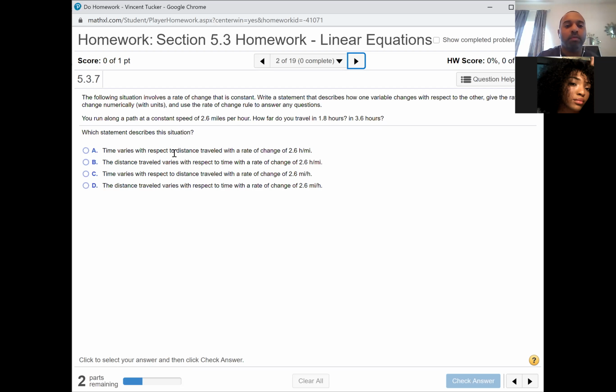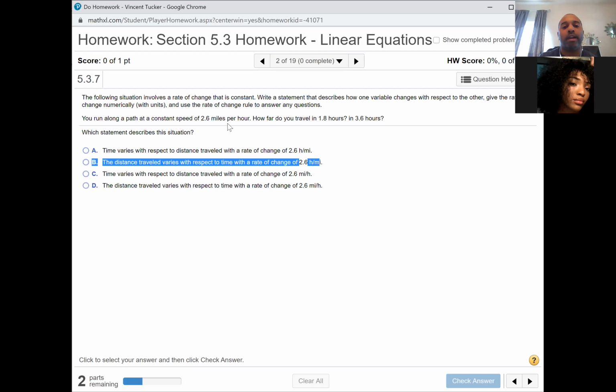So this relationship, first of all, we want to be able to determine how far you travel. So we want to be able to find the distance. So there's the distance traveled with respect to time. That's what we're looking at. We're looking at B and D, the distance traveled with respect to time. And then with the rate, notice how this one says 2.6 hours per mile.